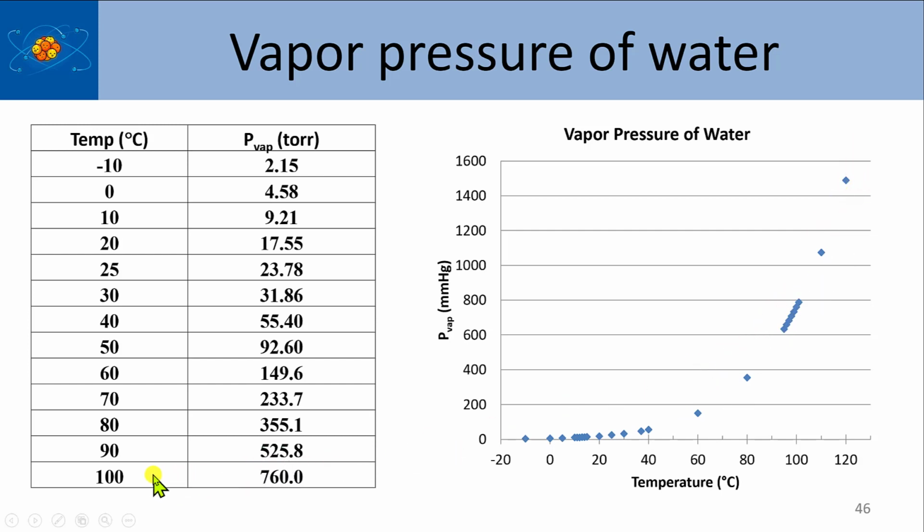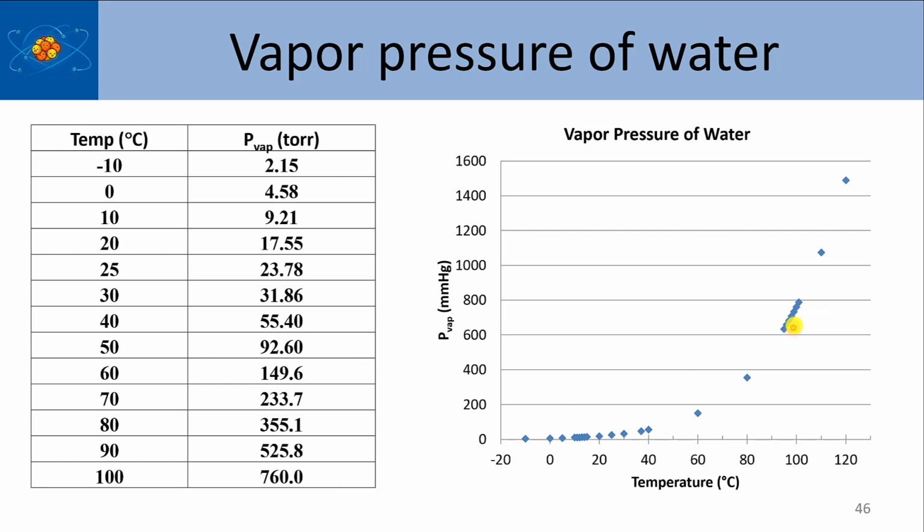Another interesting thing to make note of is at 100 degrees Celsius, the water vapor pressure is 1 atmosphere. So this is actually not a coincidence that it's 1 atmosphere, because this is the reason why water boils and you get bubbles in it. What you're actually doing is you're heating the water hot enough that its vapor pressure exceeds the atmospheric pressure, and at that point bubbles form in the liquid, which are actually pure water vapor.